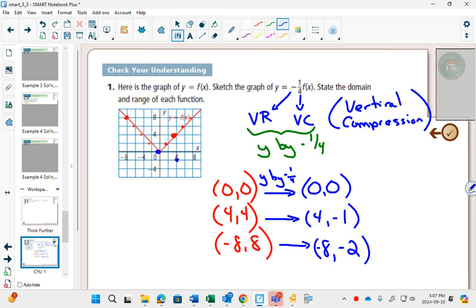Why is that wrong? Because it's not 1 pixel equals 1 thing. Yeah, it's going by 2's again, right? And then -8 and -2 would actually be there.